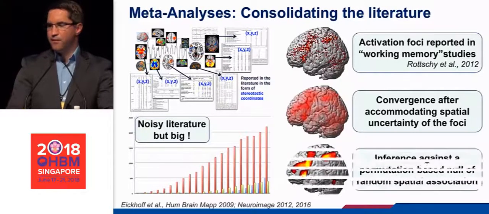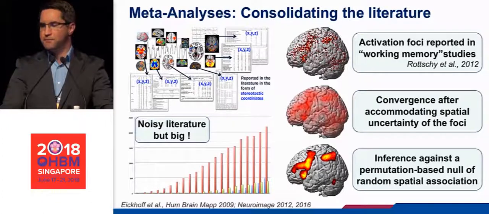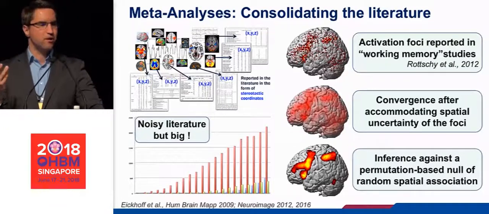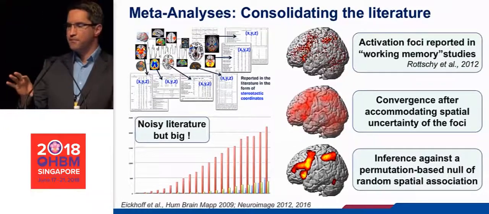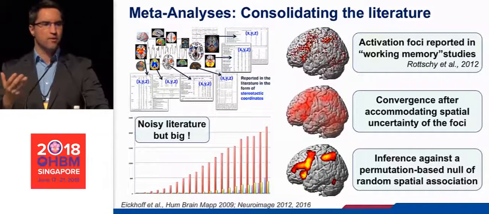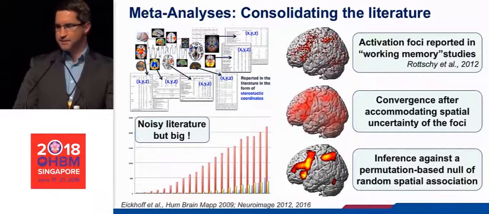And then we can draw statistical inference based on a permutation-based null of random spatial association between studies. So we get from the quite heterogeneous scattershot picture on the top to the bottom, which is now what I would call the robust location of working memory areas. These are areas across many studies that over and over get activated by working memory studies.